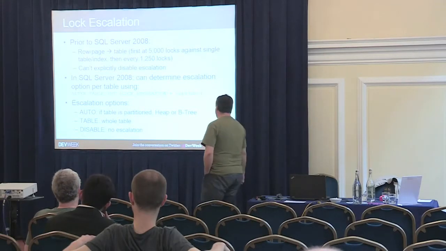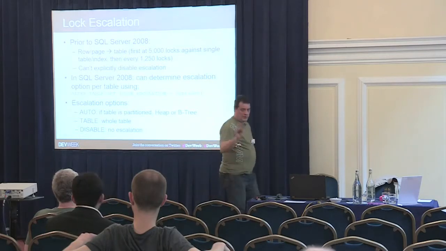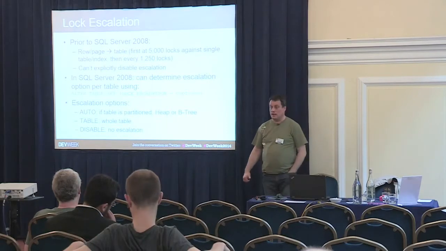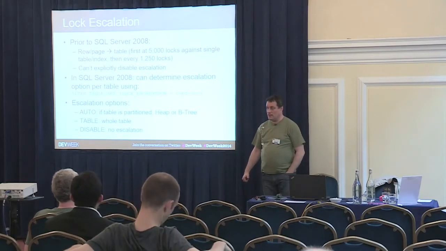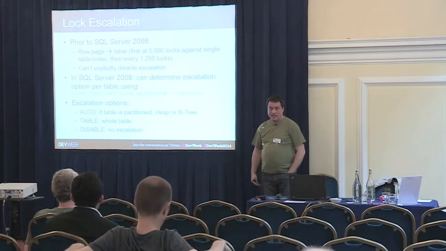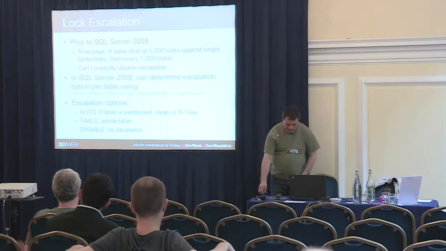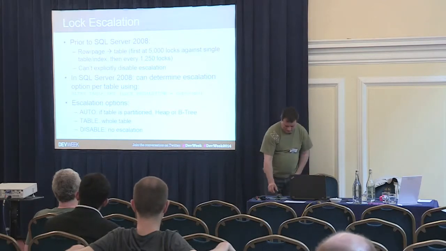Okay. And of course, there are also some trace flags which you can use to completely prevent lock escalation. And this could be very dangerous, you know, because then you are holding all of the locks in memory without escalation. So this might be very, very problematic.